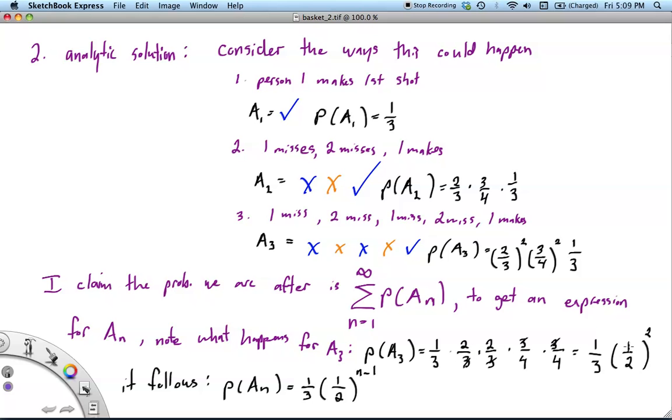So in this case, we'd have 1/2 squared. My claim is that we can write the probability of AN is equal to 1/3, which is that final make by person 1, times 1/2 to the n minus 1, which represents the combined missing of both parties up until that point. Hopefully I've been explicit enough about how I've come to this, and we can move on.